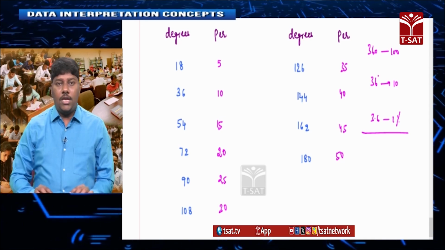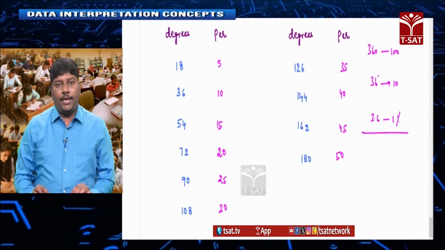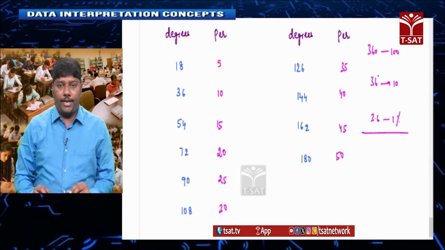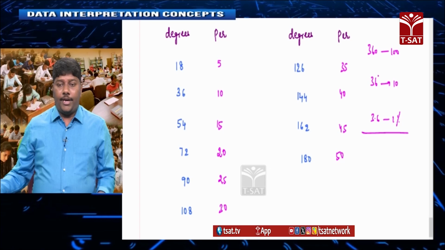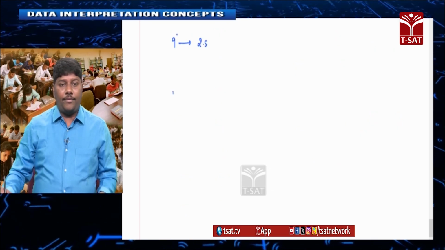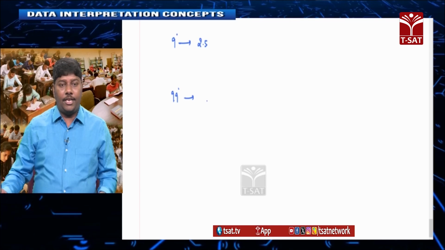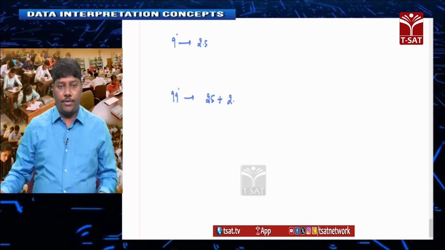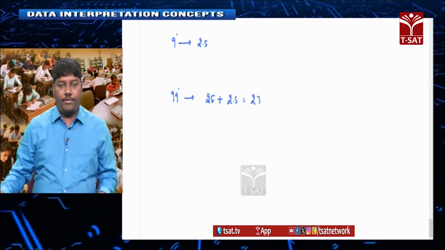So this 18 table and 5 table will help you to convert degrees into percentage, or percentage into degree. You can't convert every degree like this, but definitely a degree which is a multiple of 9 and 18 you can definitely convert. Remember 18 is 5 degrees, therefore 9 becomes 2.5%. Okay. If I have 99 degrees, 90 means 25, 9 means 2.5. So you can say 27.5%.